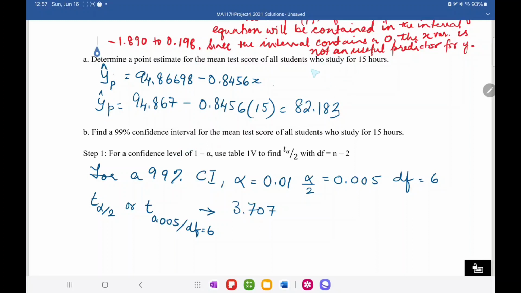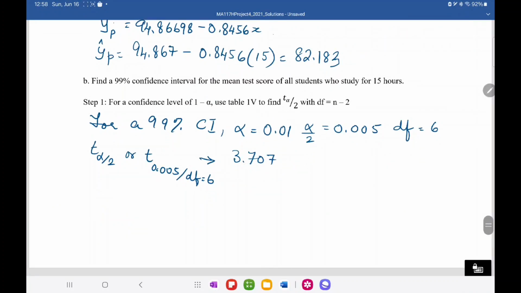Now, given this finding here, the following question says, find a 99% confidence interval for the mean test score of all students who study for 15 hours. So now we have to find a 99% confidence interval, which would contain the mean score for all students, or all x values of 15 hours.